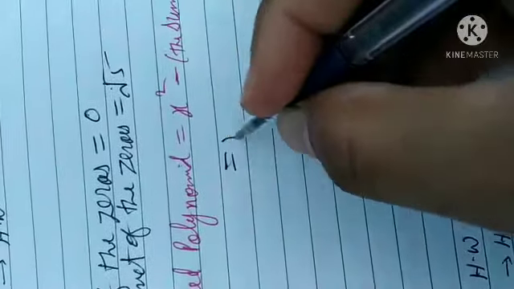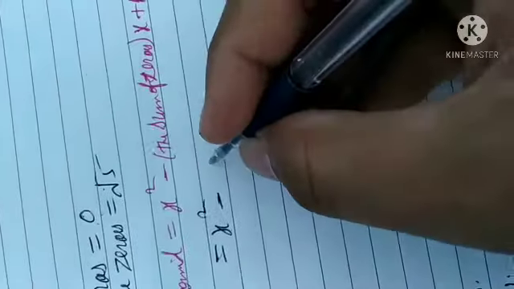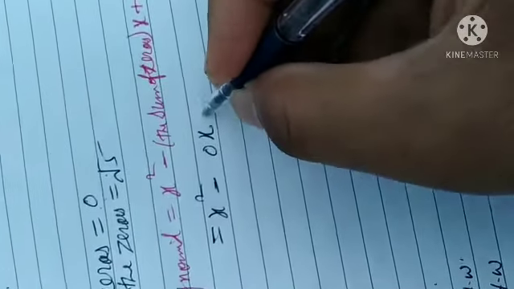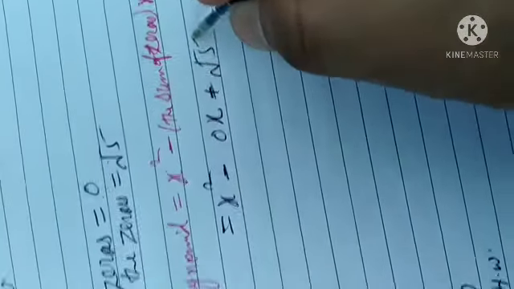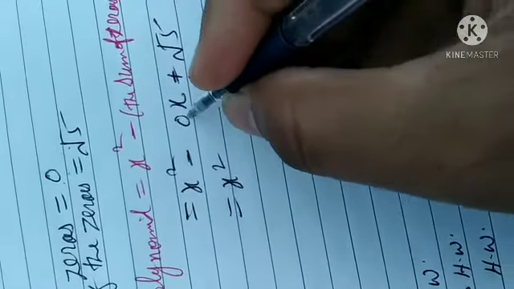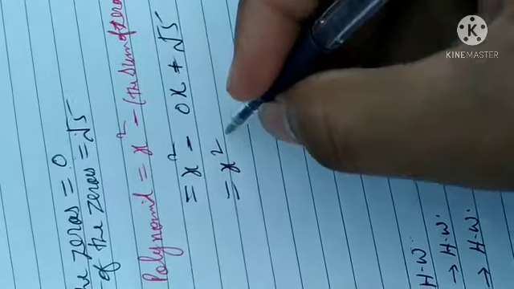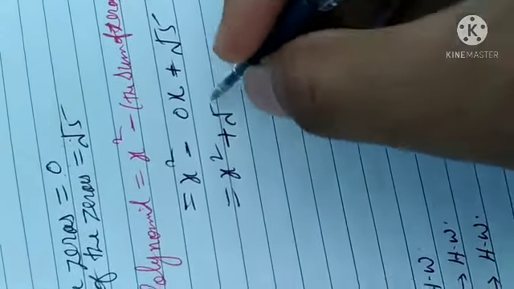See, x square minus, what is the product of the zeros? Sorry, the sum of the zeros. So write here 0 times x, and plus, what is the product of zeros? Product of zeros is under root 5. Put here under root 5. So what is the correct form? X square, and 0 times x is 0 only, so don't write 0. Now directly plus under root 5.